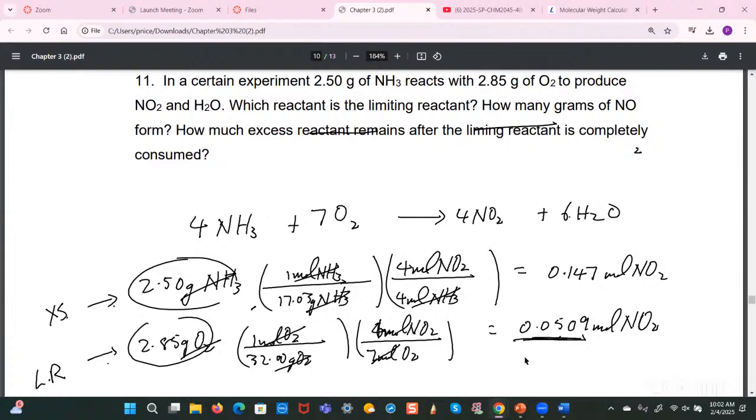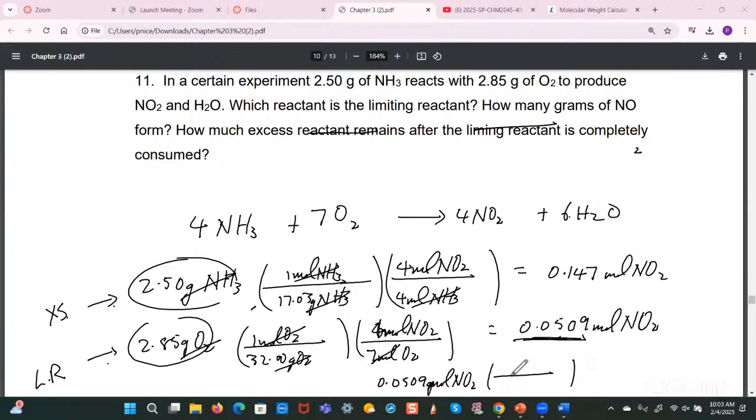Well, 0.0509 moles of NO2. All right, hold on, let me start with this. Okay, so you're saying, I'm going to squeeze it down here: 0.0509 moles of NO2. What do you do with that? Convert it to grams. Okay, so how do we do that?